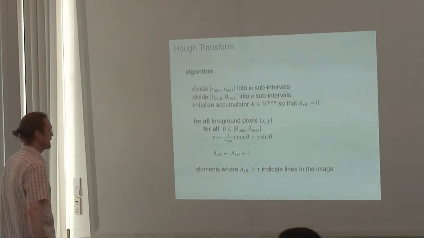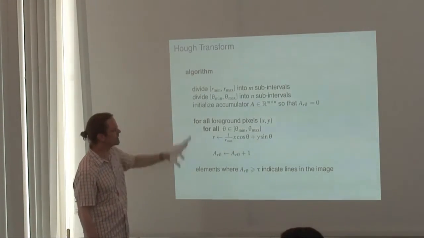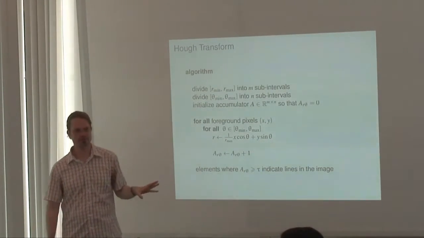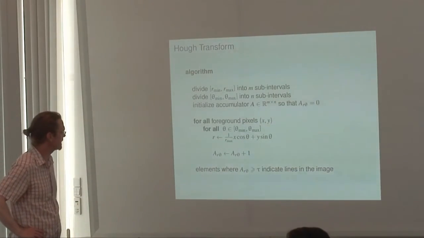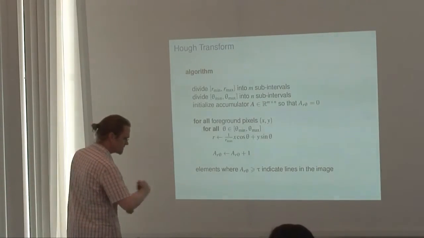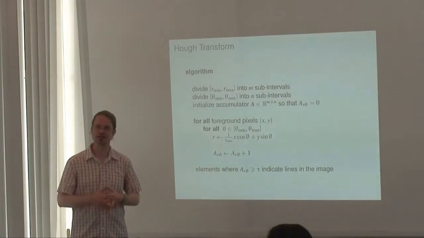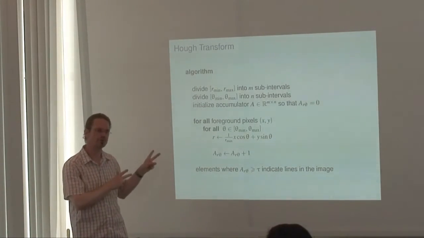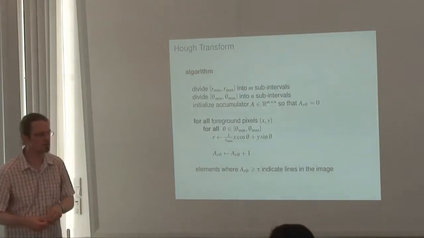Here is the algorithm, and I know that I am really vague. This is just pseudocode, because there are certain intricacies and tricks and implementation details that are important for this to work. But then again, this is not a coding lecture, right?